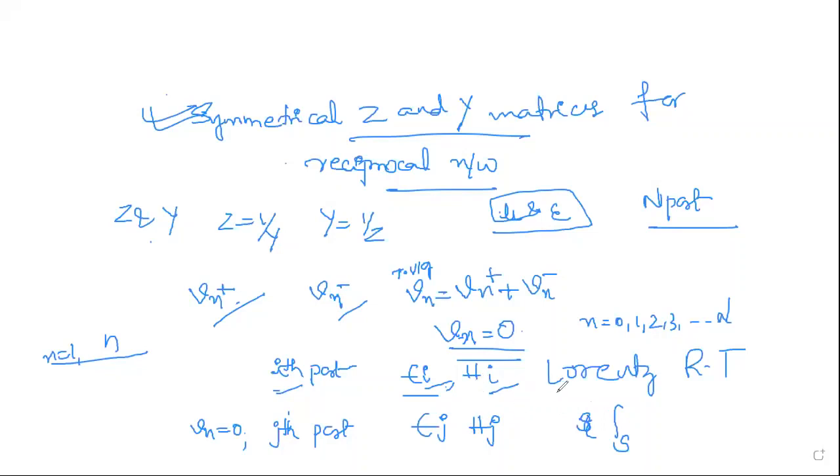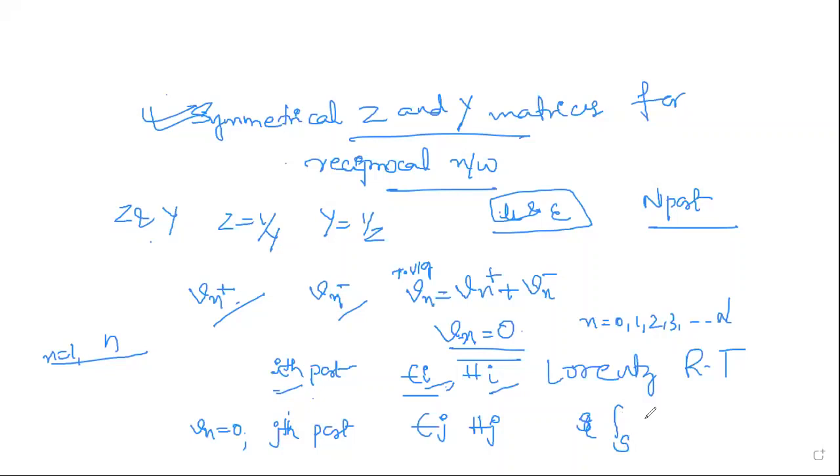Yeah. According to Lorentz, first you will be considering voltages which are 0 for all ports n equal to 0 to n, except the ith port where you have electric and magnetic fields Ei and Hi. Similarly, for the jth port, you'll also be considering Ej and Hj. Now, according to the Lorentz reciprocity theorem, when you consider a closed surface integral over perfectly conducting surfaces, the only non-zero integrals exist in the reference planes.